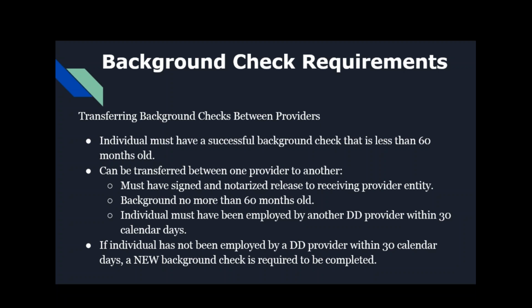The background check must be no more than 60 months or 5 years old, and the individual must have been employed by another DD provider within 30 calendar days. If an individual has not been employed by a DD provider within 30 calendar days, a new background check is required to be completed. Wyoming developmental disability waiver providers may transfer these successfully between provider agencies with these conditions. So just make sure that you're following all the conditions that are listed on the slide if you are transferring background checks between providers.